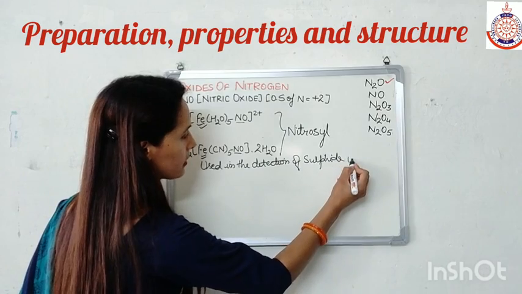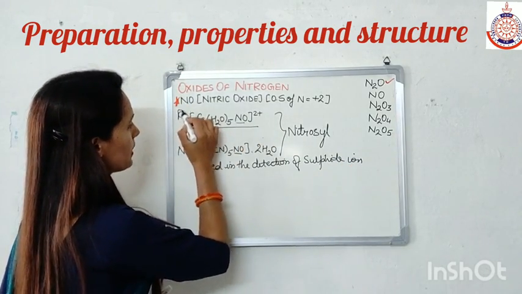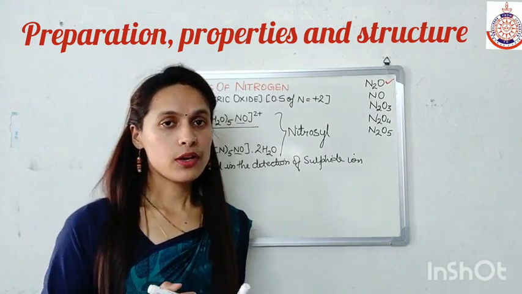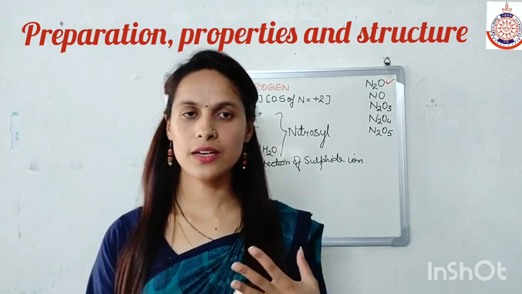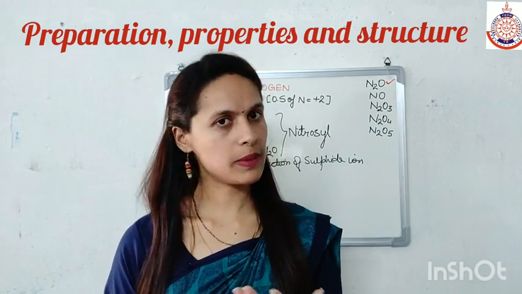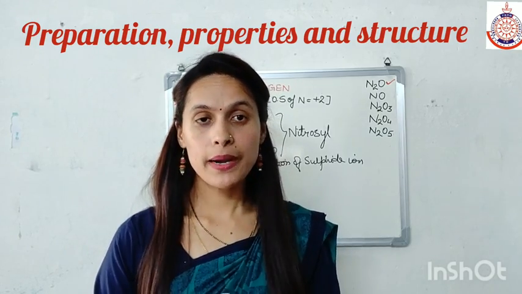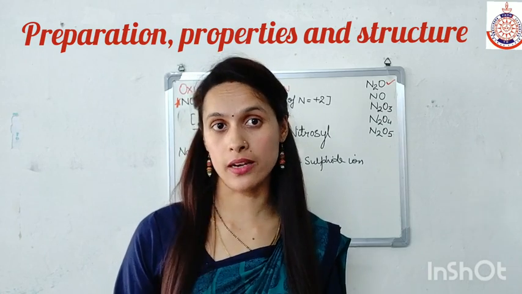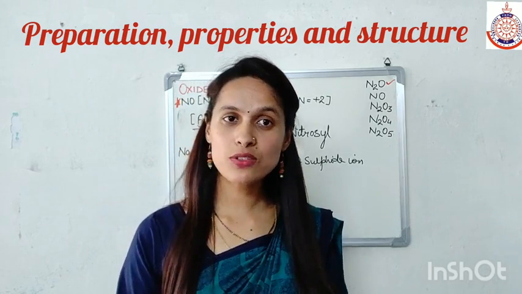Sulfide ion. Clear? And this complex is very interesting. Why? Because in all the salts of iron that we have studied, the oxidation state of iron is either +2 or +3. But in this complex, the oxidation state of iron is +1. Why is it +1?